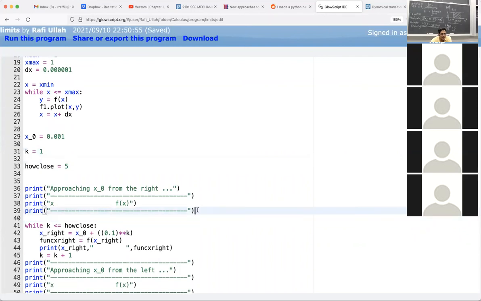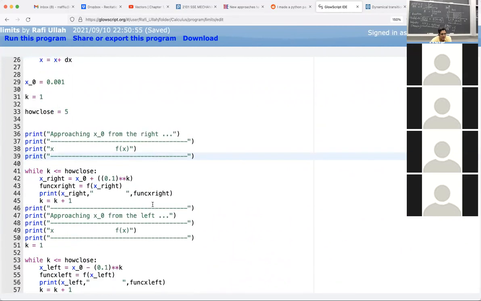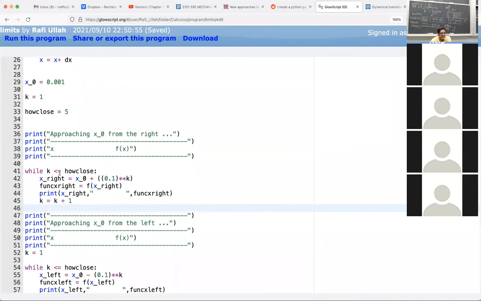And again, these 3 lines are just not important. And here, if you look at this, we do a loop, and we continue doing that loop unless k is smaller than 5, and then we calculate a value x.